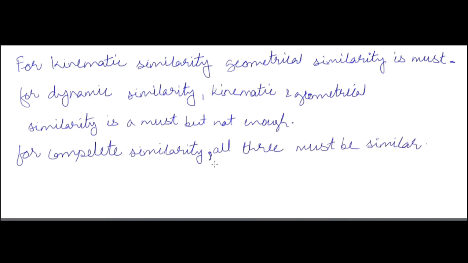Now for complete similarity, all three must be similar. If you want complete similarity between model and prototype, then you have to perform the similarity of all the three ratios. So it should be geometrically similar, kinematically similar, and dynamically similar.